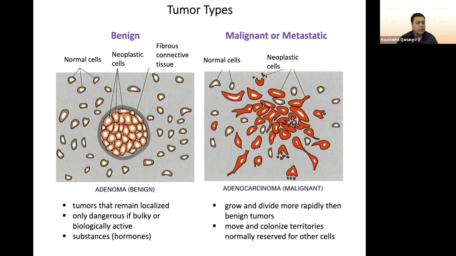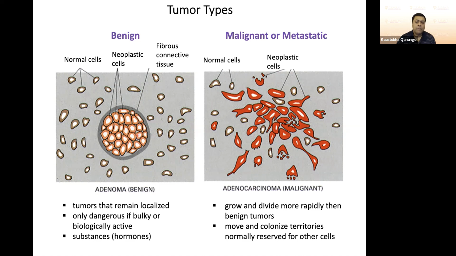So that means that there is some problem going on in there, but they are still contained within the fibrous connective tissue and not going out of control. Sometimes it can become bulky, but don't think that benign tumor cells are not neoplastic cells. There is some problem of the cell cycle control by some oncogenes or tumor suppressor genes in there.